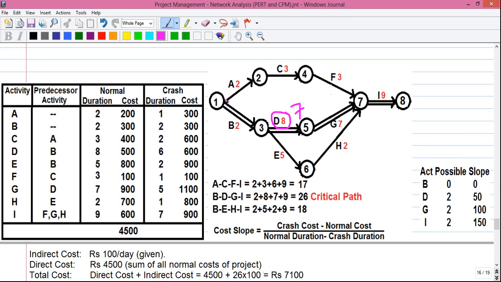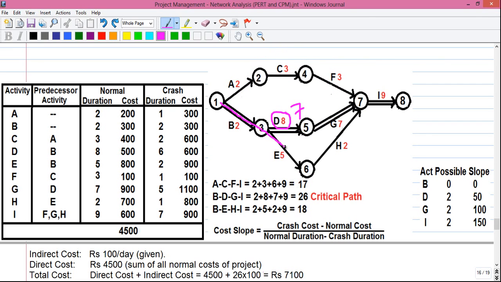So for the path A, C, F and I, the total duration is 2 plus 3 is 5, plus 3 is 8, plus 9 is 17. For path B, D, G, I, it is now 2 plus 7 is 9, plus 7 is 16, plus 9 is 25.